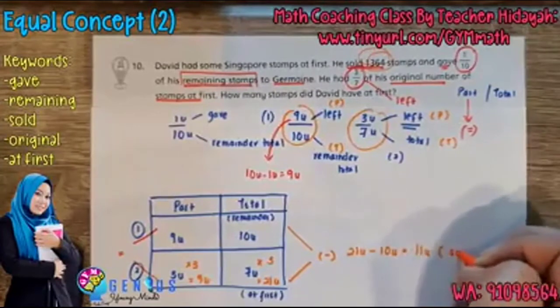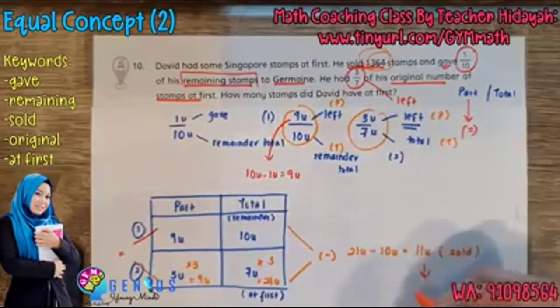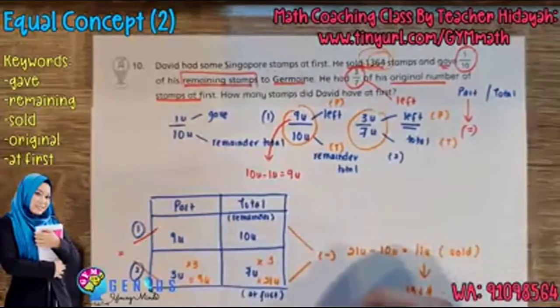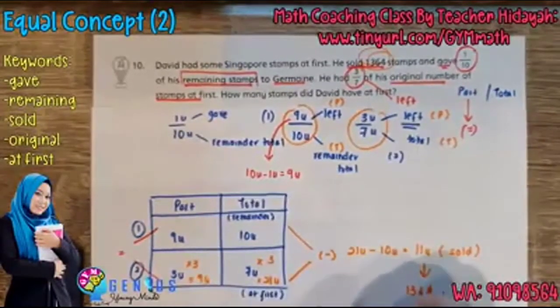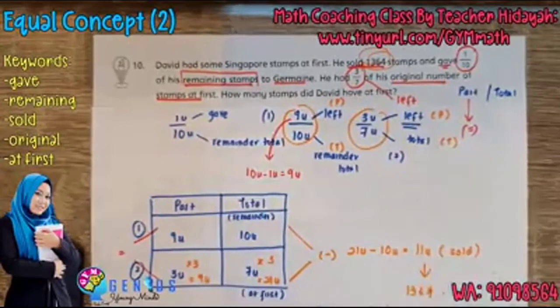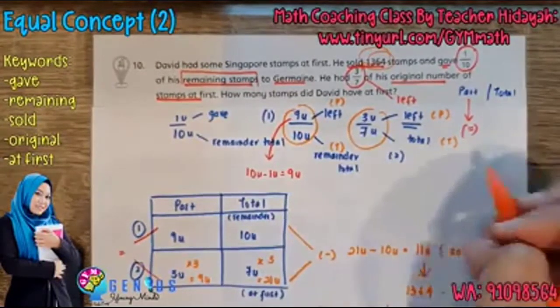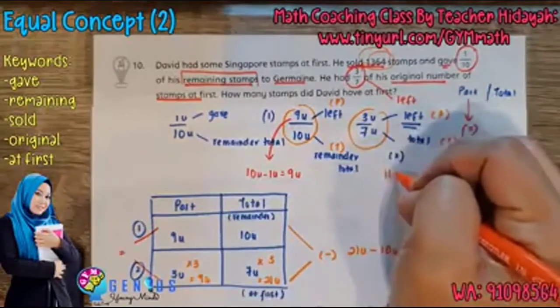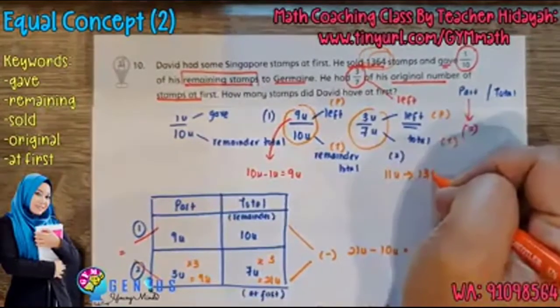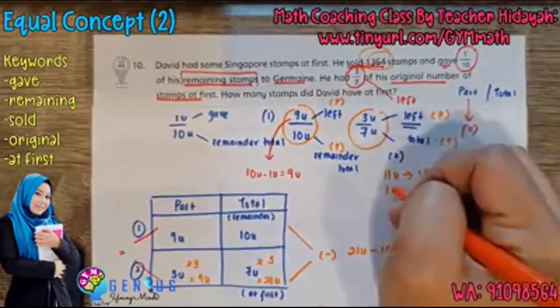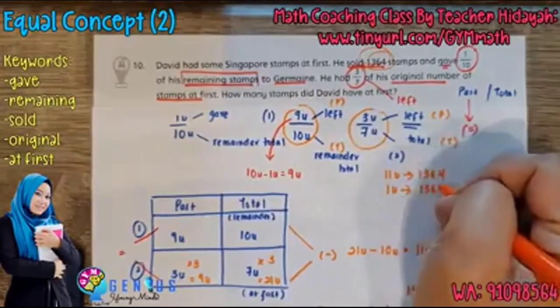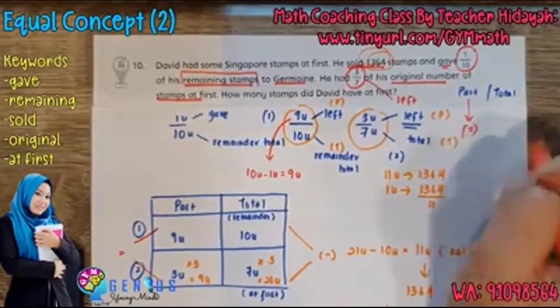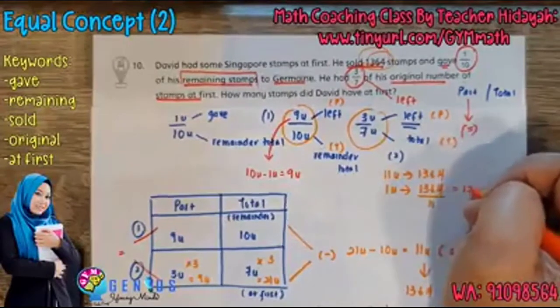This is what he sold, and what he sold is 1364. So 11 units is 1364. To find 1 unit, 1364 divided by 11 gives you 124.